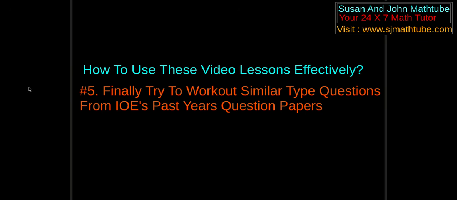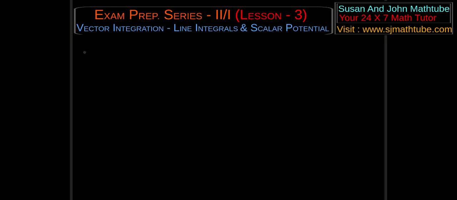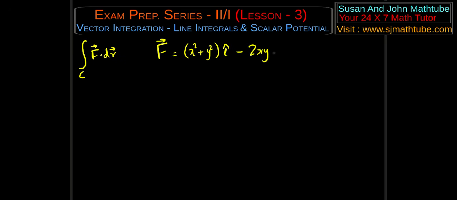That's it. So let's start with part number 3. Please write the question. Find the work done. Work done means we have to calculate the integral over C of F dot dr, where F is given to be (x squared plus y squared) i minus 2xy j.